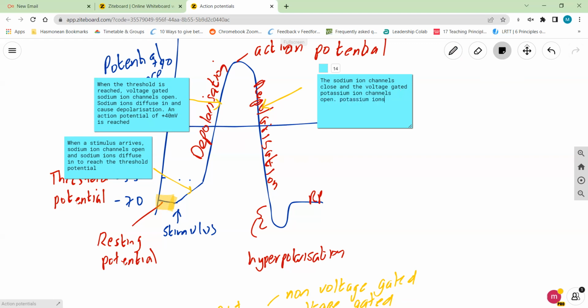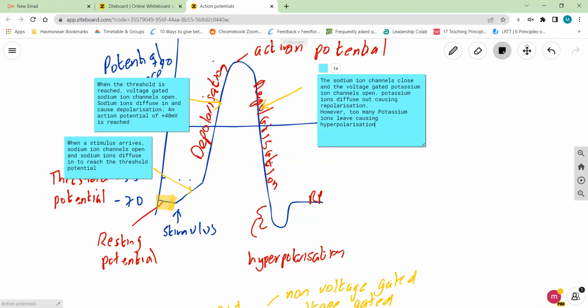Potassium ions diffuse out, because remember they were pumped in the formation of the resting potential, causing repolarization. Okay. However, too many potassium ions leave, causing hyperpolarization. So we've actually got too much leaving, and that's where our problem becomes.